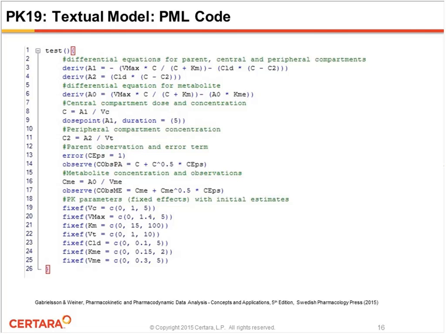And the A0 is actually derived from this differential equation here, if you look at line number 6 in the slides. The A0 is derived from the metabolism of the parent compound, and then it's adjusted over time minus the A0 times the elimination rate. So we derive the A0 from the parent using the Michaelis Menten kinetics.